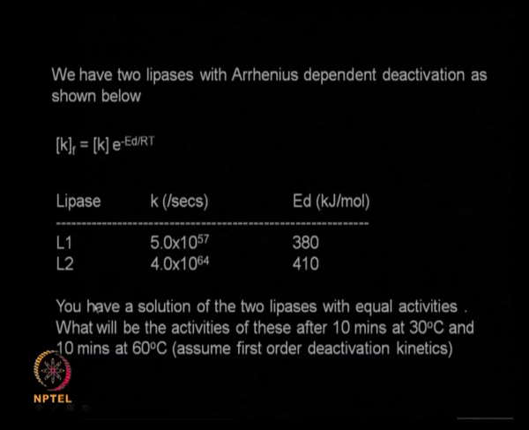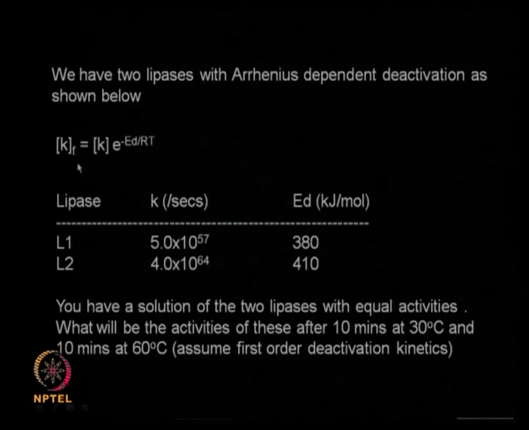Now we have a solution with both these lipases with equal activities. What will be the activities of these after 10 minutes at 30 degrees centigrade and 10 minutes at 60 degrees centigrade? We will assume first order deactivation kinetics. What does first order deactivation kinetics mean? The rate of decrease in the activity will be directly proportional to the concentration.